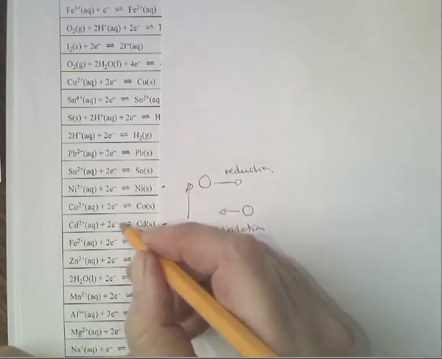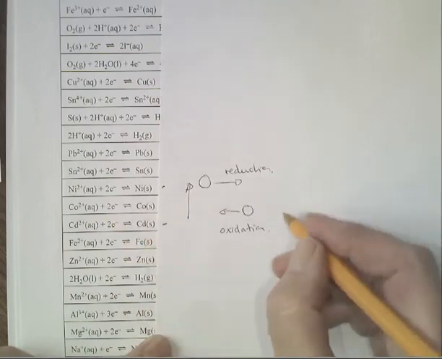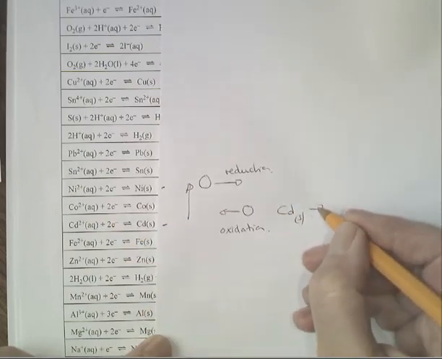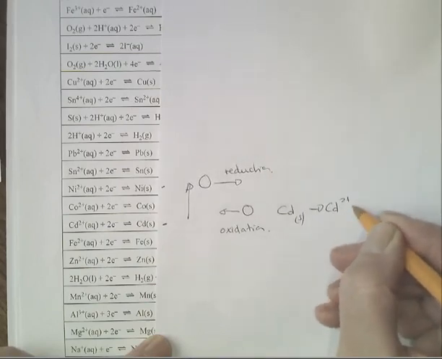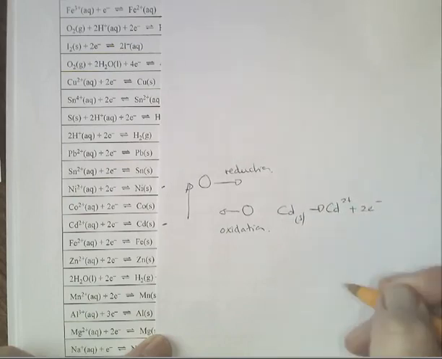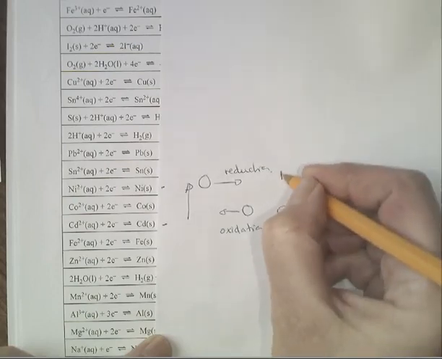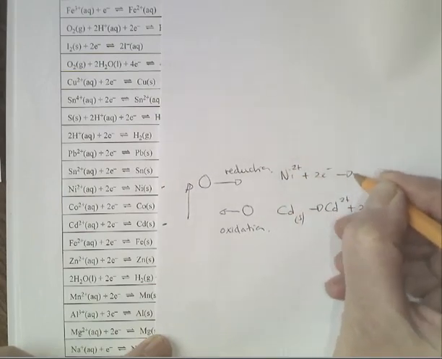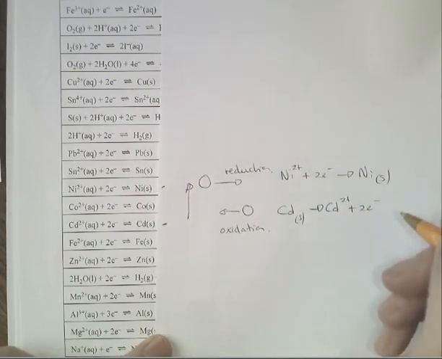Whenever you've got something that's going to undergo oxidation, you actually have to write it as an oxidation reaction the right way around, so that the electrons are on this side of the arrow being lost. And the nickel is gaining them, undergoing reduction and forming nickel metal.